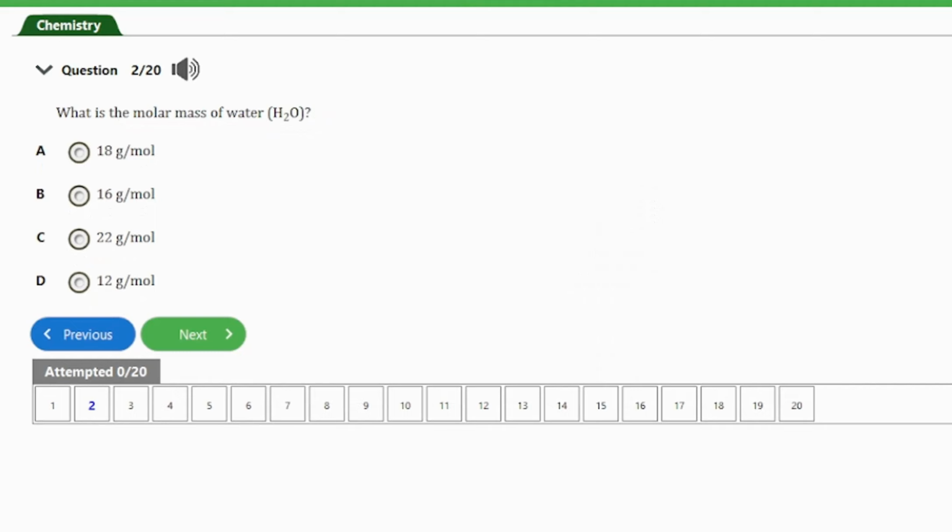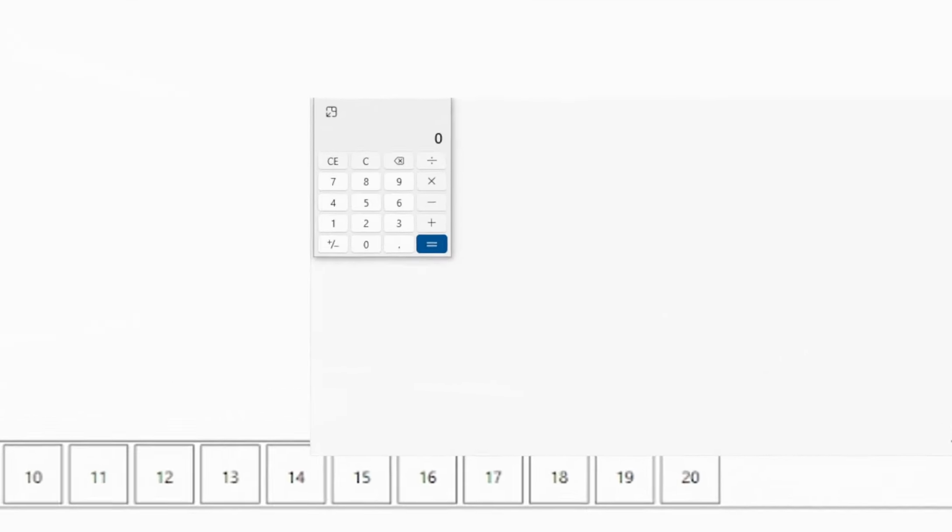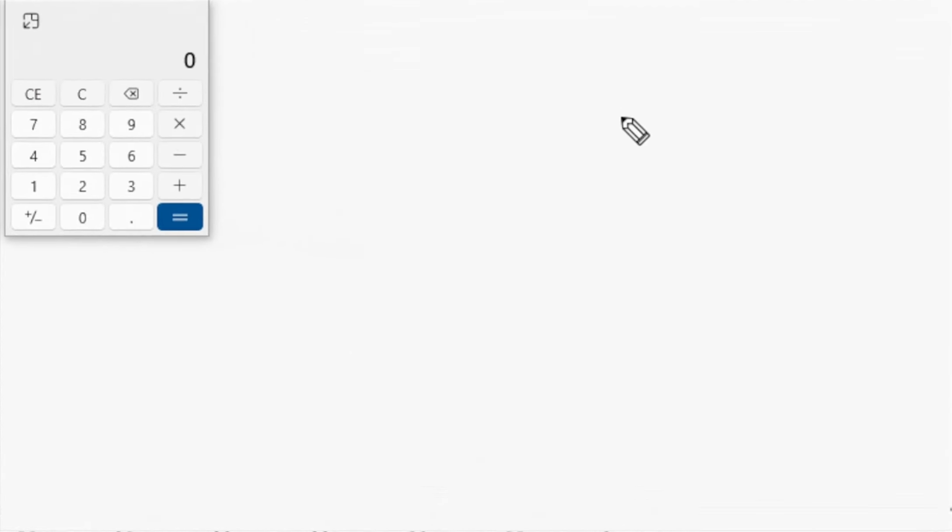The next question is question number 2. It says, what is the molar mass of water? Let's zoom into our workspace and solve for the molar mass of water. We know that water is H2O. To get the molar mass of water, we take the atomic mass of hydrogen times 2, so 1 times 2, since hydrogen is 1.